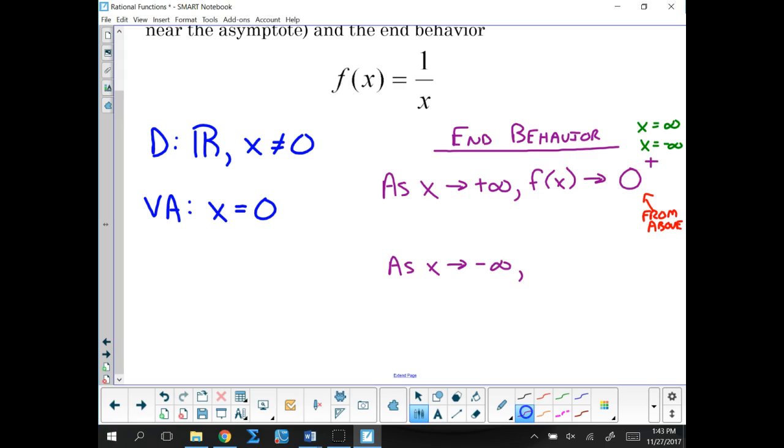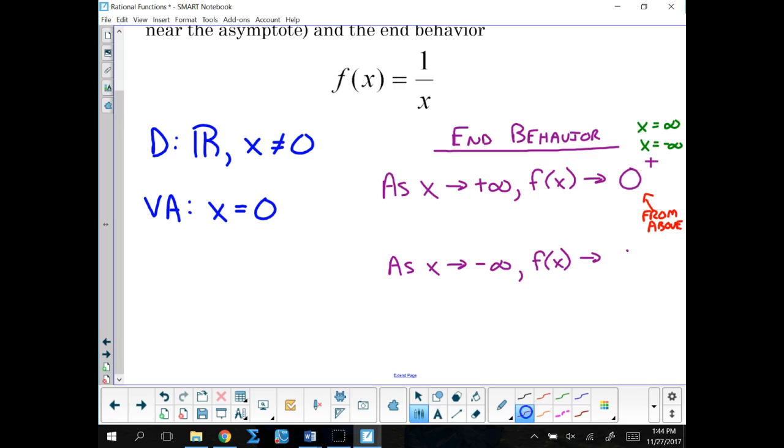As x goes to negative infinity, f of x is going to what? So now my number is getting big, but it's negative, right? So I've got positive 1 divided by negative ginormity. It's going to go to 0 from below, because it's going to be negative now.